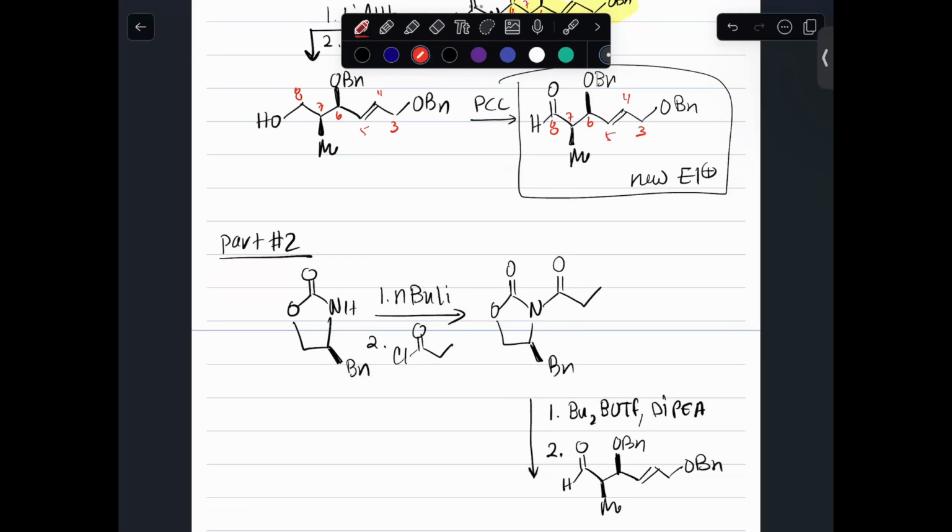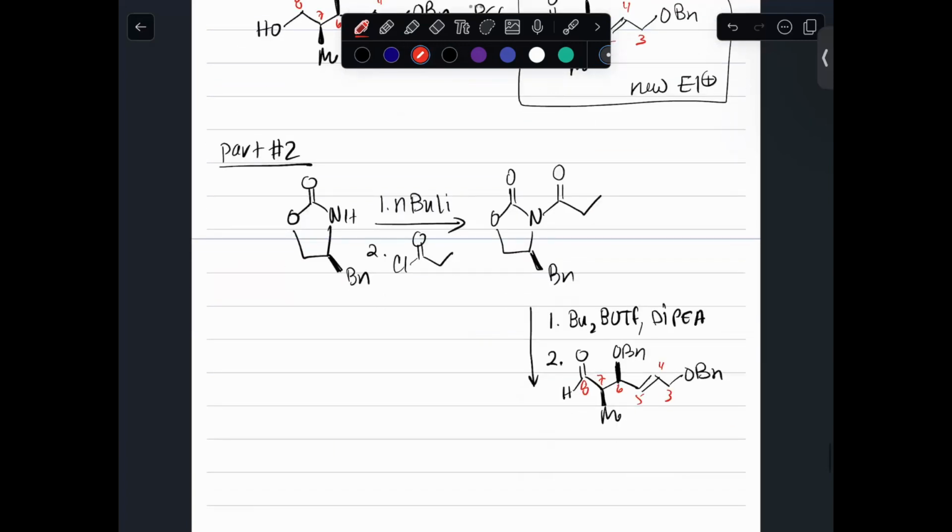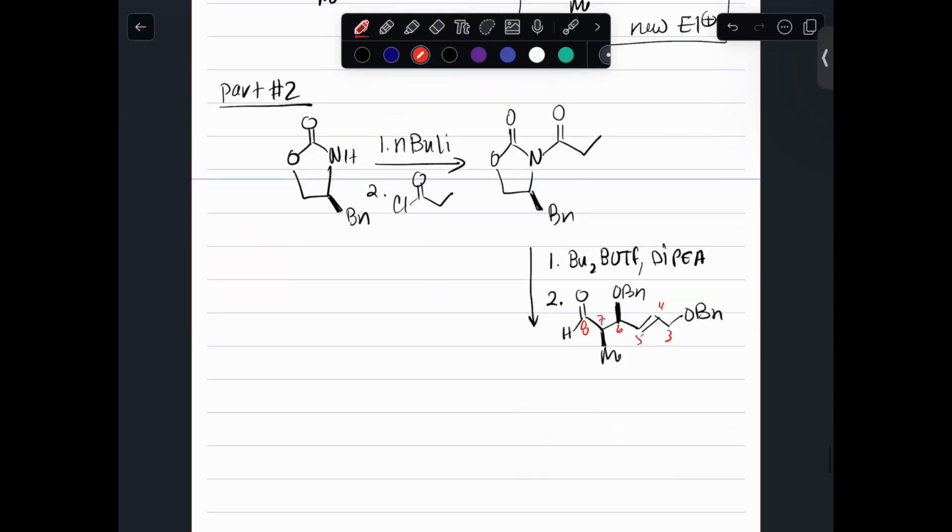Let me number it for you. Exactly the same rationale as before. Once you add this, you are going to form the syn dashed product. Let me number these in red to stay consistent.